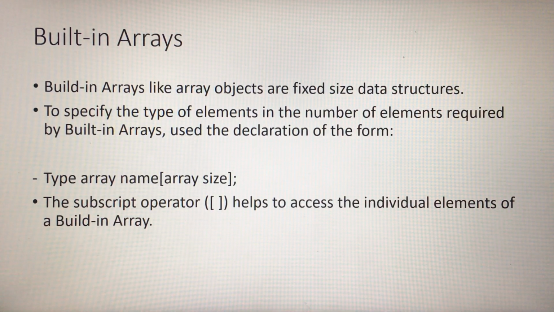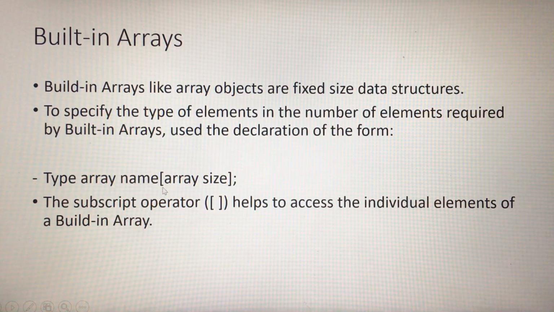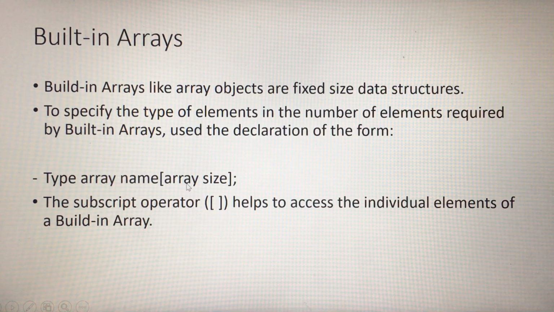Built-in arrays. Built-in arrays, like array objects, are fixed-size data structures. To specify the type of elements and the number of elements required by a built-in array, use a declaration of the form you can see down there: type, array name, and in the brackets, the size of the array.